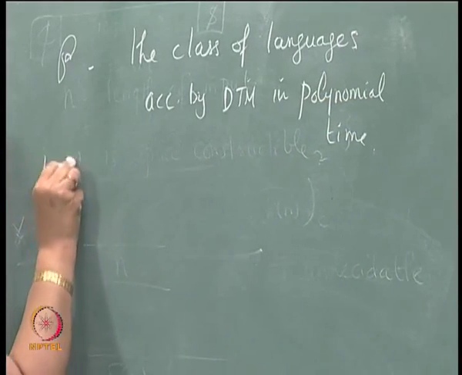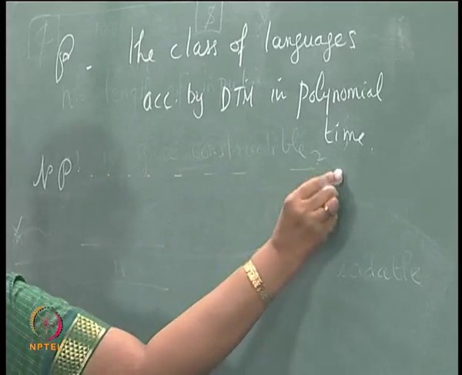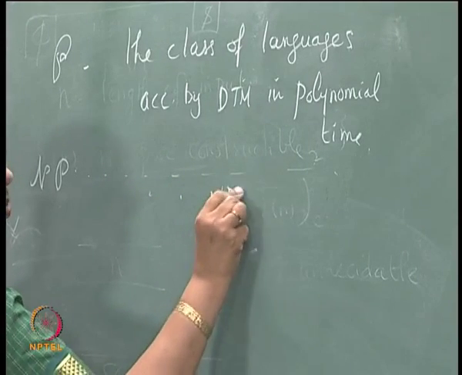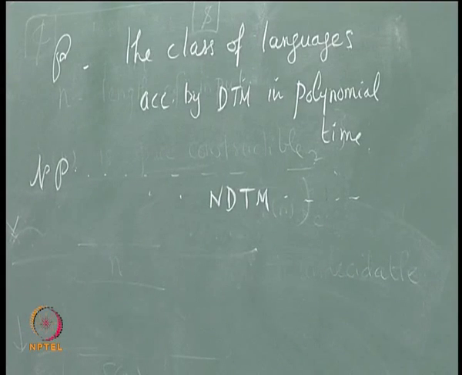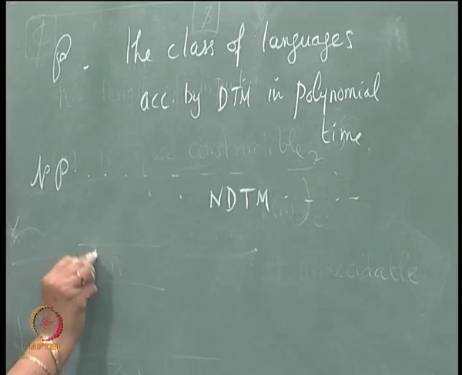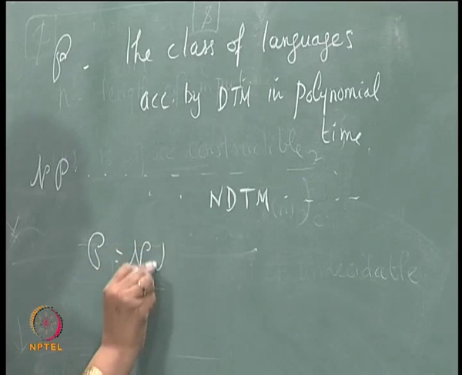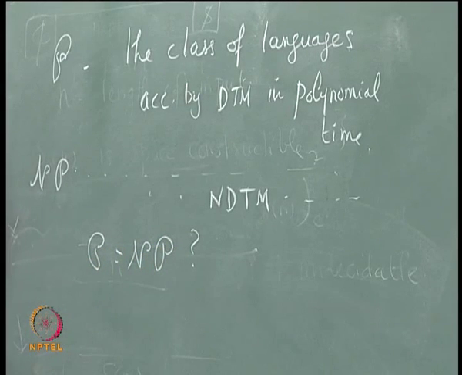NP is the class of languages accepted by non-deterministic Turing machines in polynomial time. Still it is an open problem whether P is equal to NP.